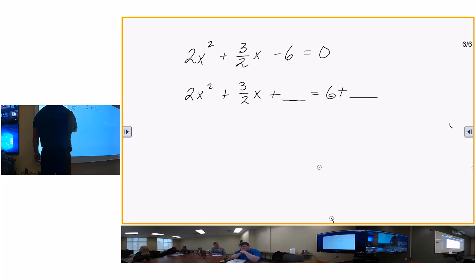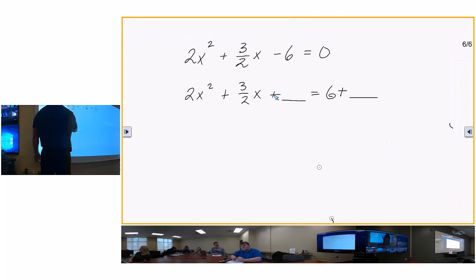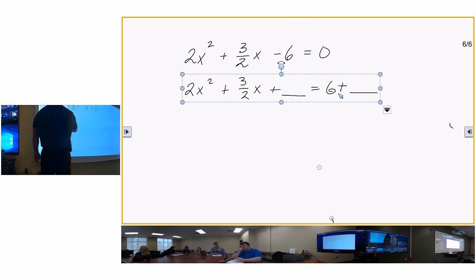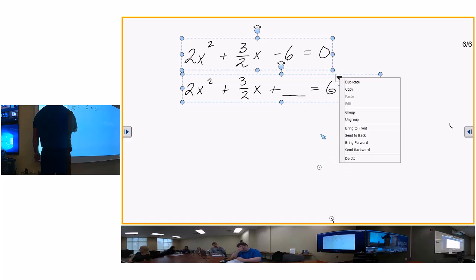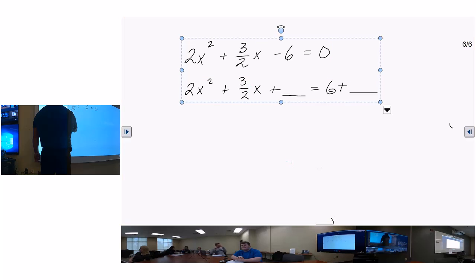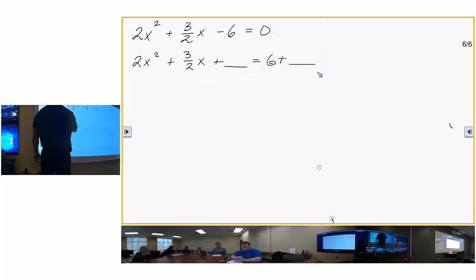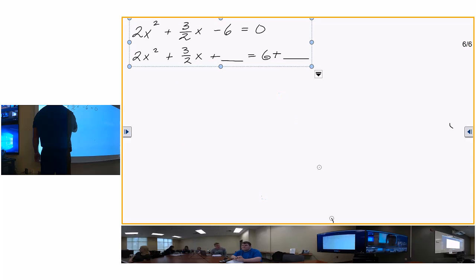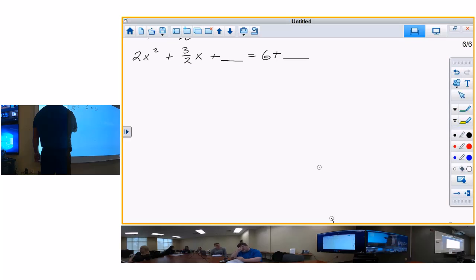Now I'm going to pull this up and make it a little bit smaller. Without any mental math, I'm going to factor that 2 out.